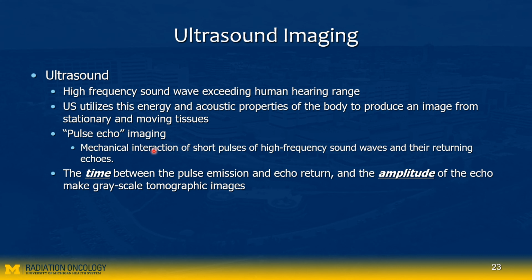It's also known as pulse echo imaging. It is a mechanical interaction of short pulses, a bunch of pulses sent out from the transducer, and then the echo is detected by the transducer itself. It is the time between the pulse and the amplitude of the echo that makes the ultrasound image.